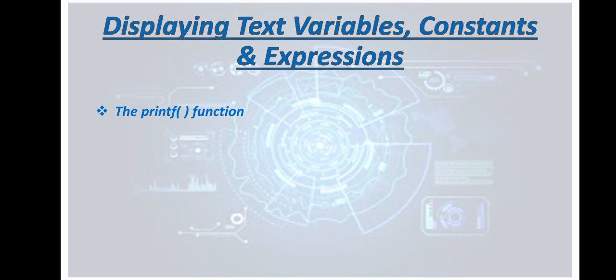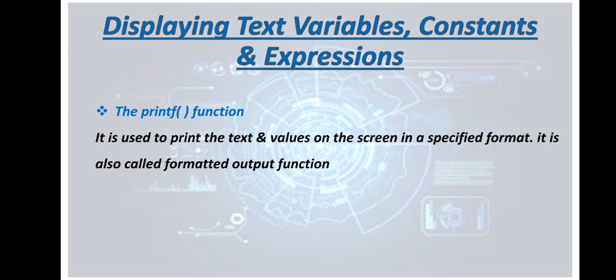The printf function. In these variables, constants and expressions, first of all we will discuss the printf function. It is used to print the text and values on the screen in a specified format, and it is also called the formatted output function. Then what is the syntax of the printf function?